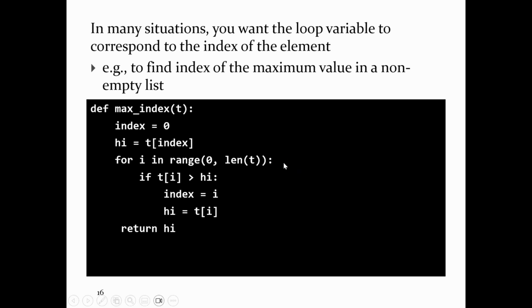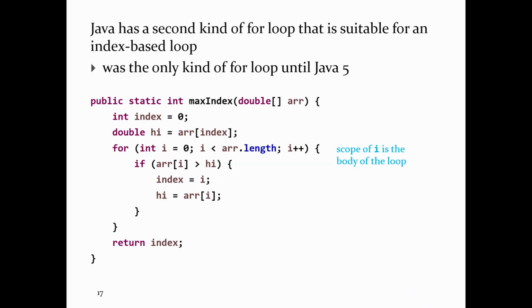If you want a counting style loop in Java, there is no range class in Java. Instead, you have to resort to the older style. This is actually a C style loop, which comes from the programming language called C, and it's not as nice to write as the Python range-based loop. The way you write this is you create your loop variable yourself.